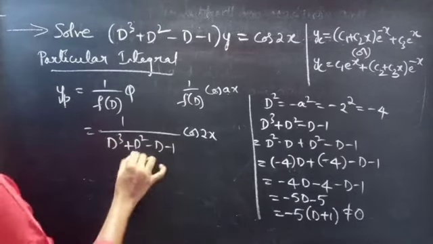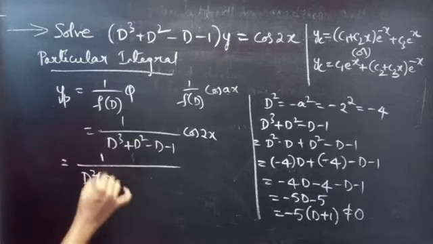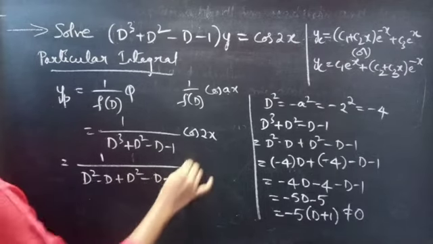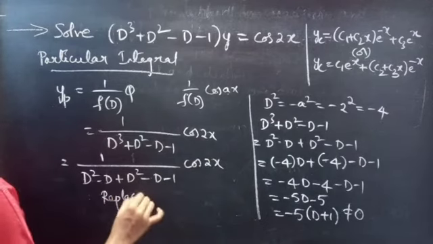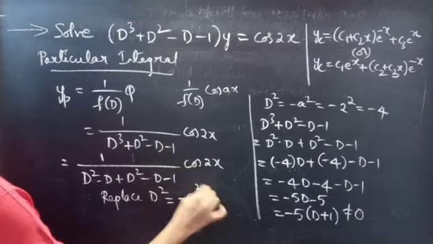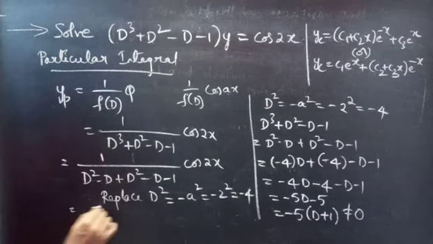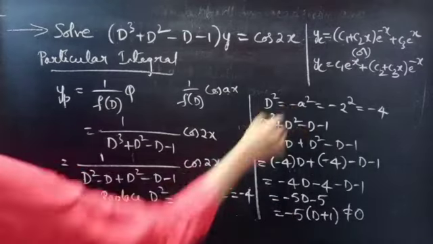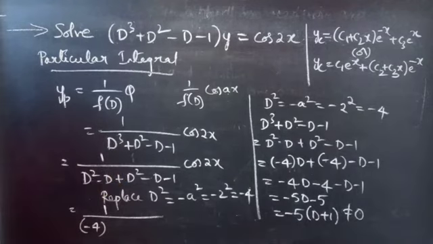So now we can replace d square, okay? Just write d cube as d square into d plus d square minus d minus 1 into cos 2x, and now replace d square by minus a square, which is equals to minus 2 square, which is equals to minus 4. Then we'll get 1 by d square, replace d square by minus 4. We'll just write the same steps. Here we did the rough part to check whether the denominator is equals to 0 or not equals to 0.